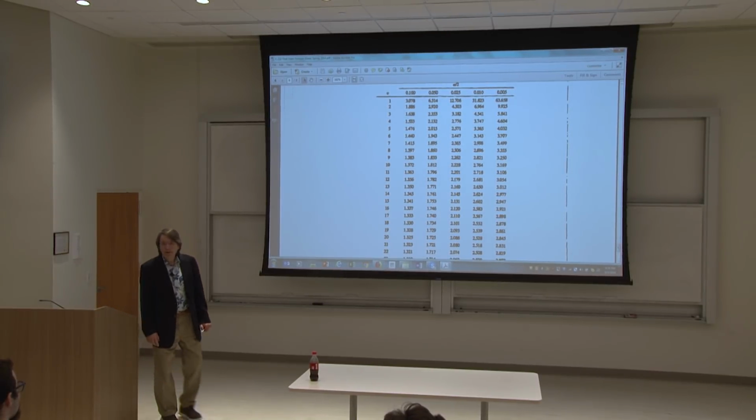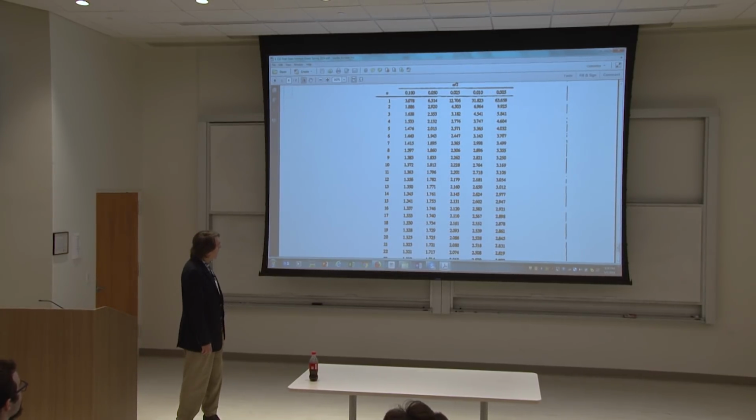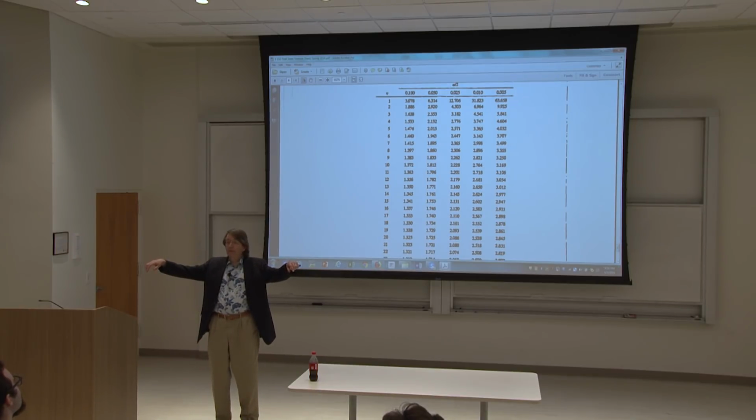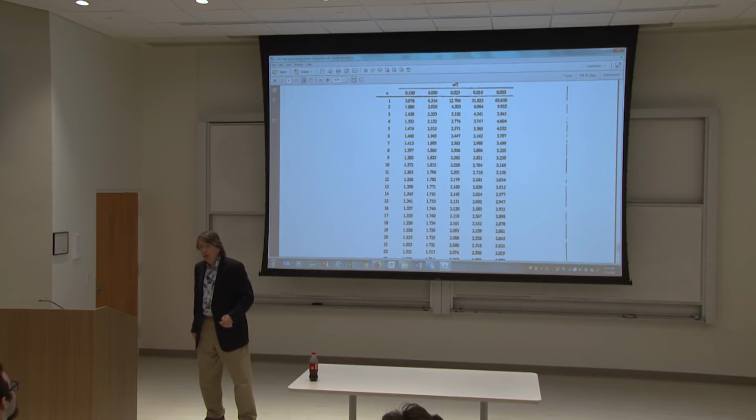Student T table. All right, now, Sam, 95%. That means the two tails is 0.05. This is a single-sided table, so I look up the column, that's 0.025, right? 0.05 divided by 2. Sam?